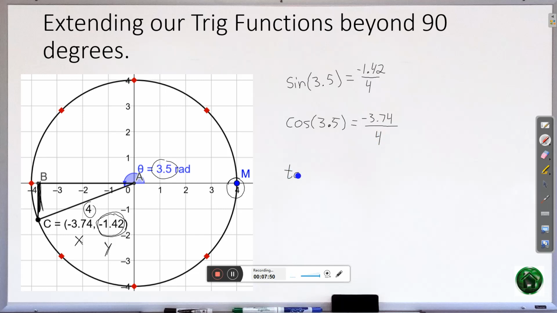And then tangent of 3.5 is equal to the opposite, which is our y value, negative 1.42, divided by our adjacent, which is our x value, negative 3.74.